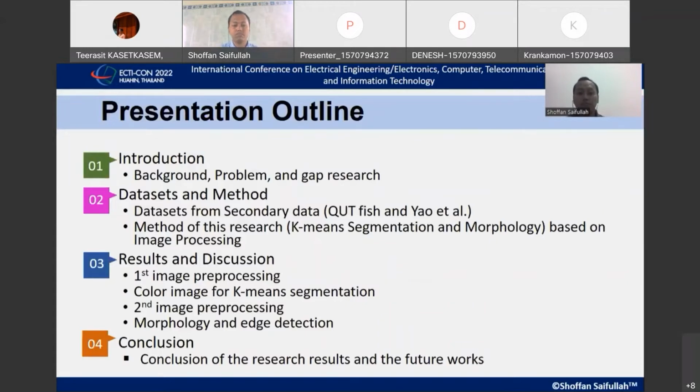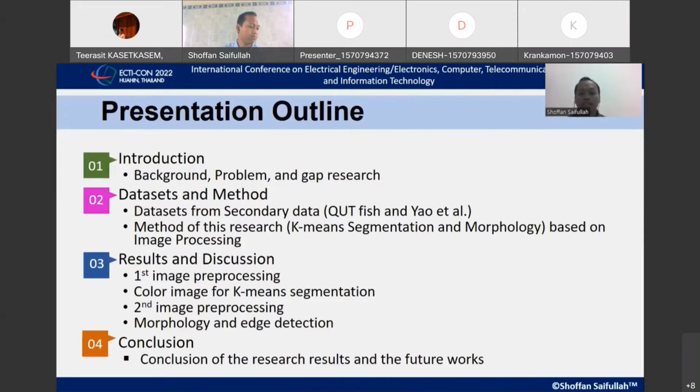We have 4 parts. The first is the introduction, where we talk about the background, problem, and gap of this research. The second is the dataset and methods. The dataset is secondary data from the QT face dataset and Yao et al. research.